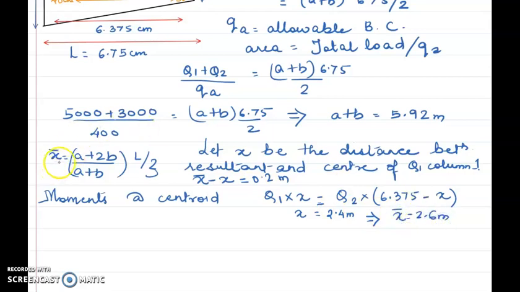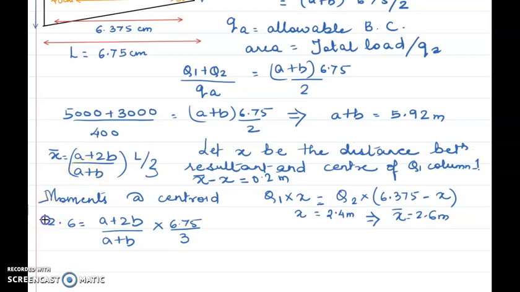Now you have equation for X bar, so you substitute it back in this equation. Okay, equation for X bar, 2.6 is equal to A plus 2B upon A plus B into L by 3. So now L is the full distance of the footing, so that is 6.75 by 3. So now what do you have?